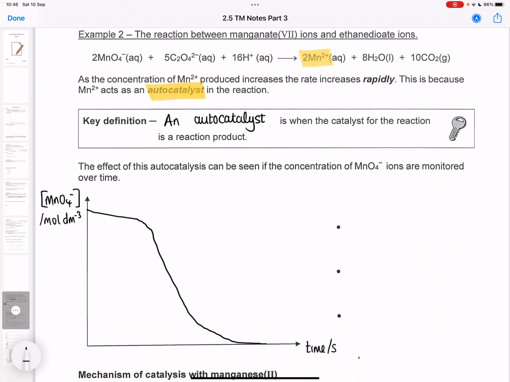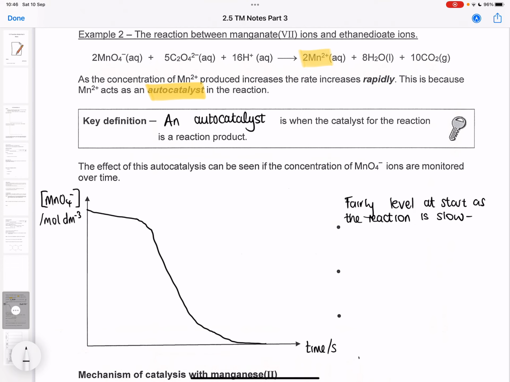Okay, so we've got three parts to this graph. We've got a bit at the top where it's fairly level at the start, as the reaction is slow. And why would the reaction be slow at the start? Have a look at the overall equation and think about it.